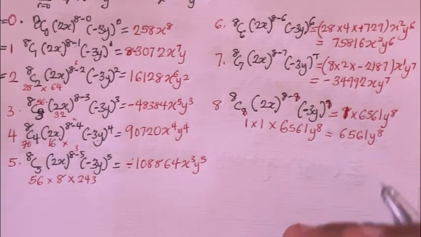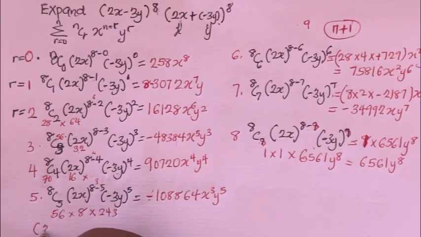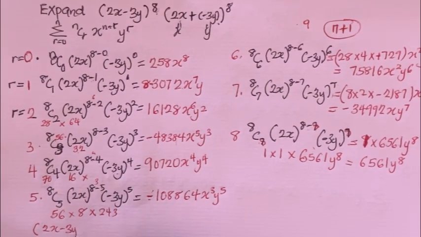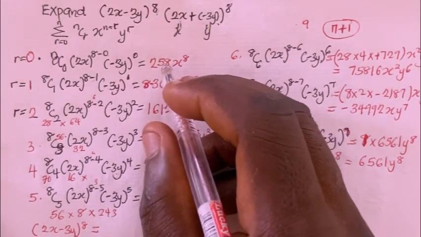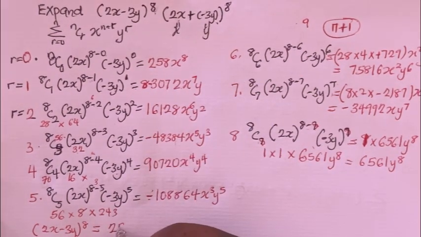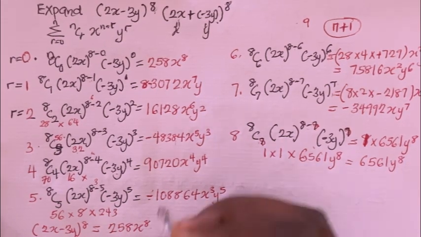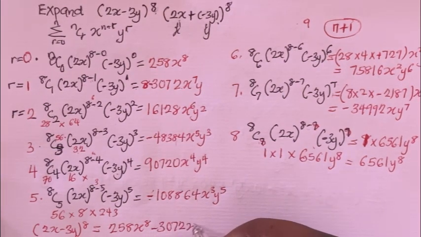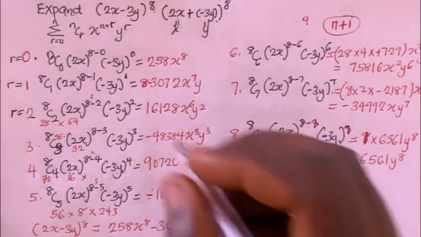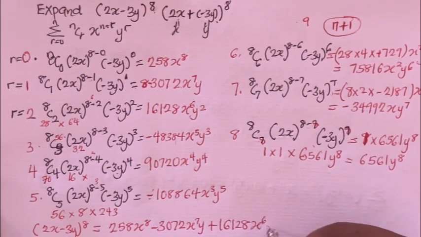Now let's just try to sum up all the terms. The expansion of 2x minus 3y all raised to the power of what? Of 8 is equal now to 256 x raised to the power of what? Of 8. Then followed by minus 3072 x raised to the power of 7, then y raised to the power of 1, then followed by plus 16128 x raised to the power of 6, then y raised to the power of what?